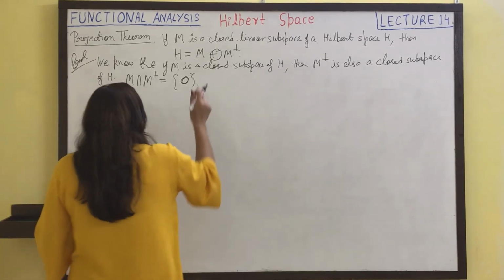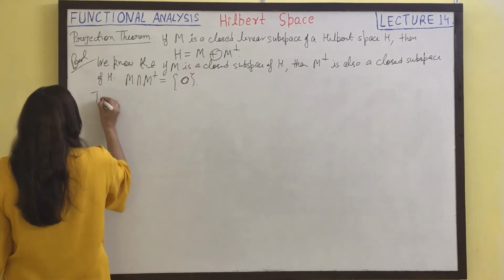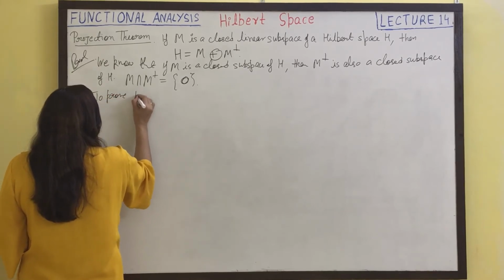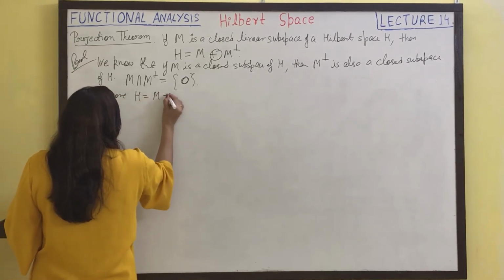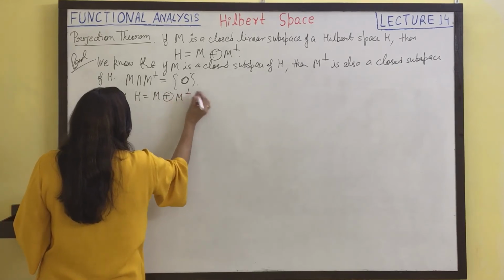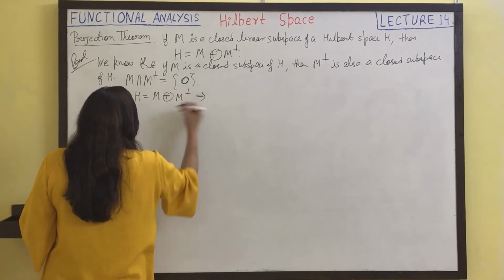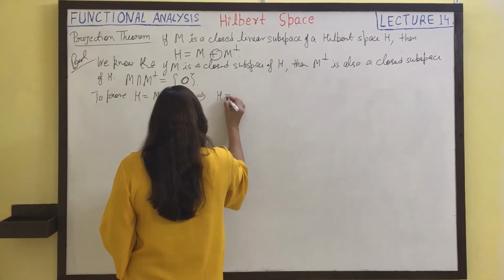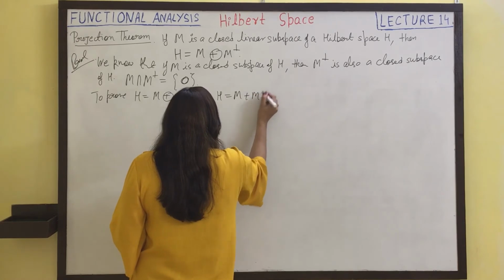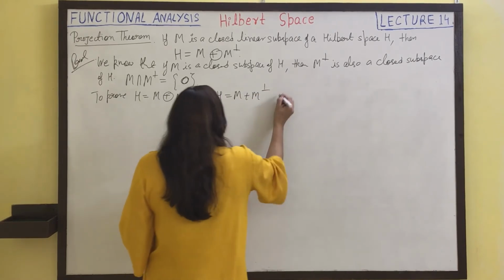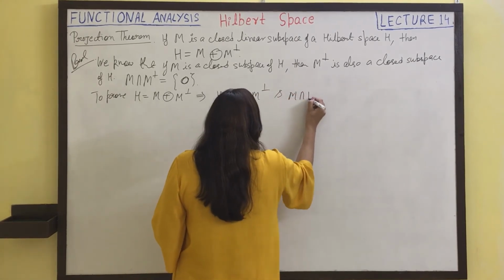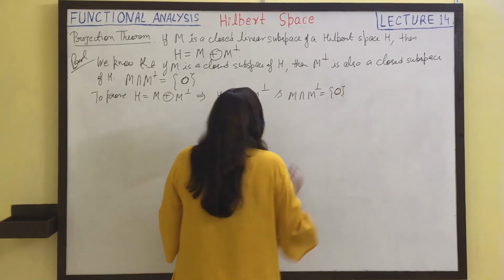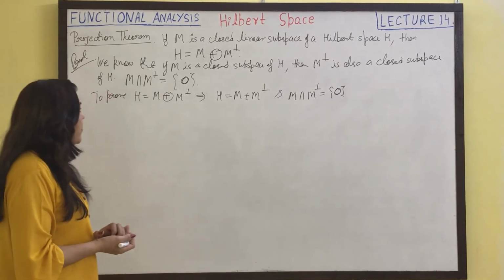Therefore, to prove that H is the direct sum of M and M perp, it is enough to show that H is M plus M perp and M intersection M perp is the set containing the 0 vector only.